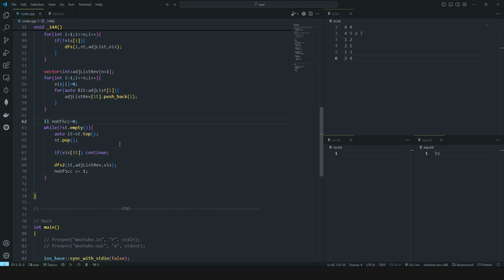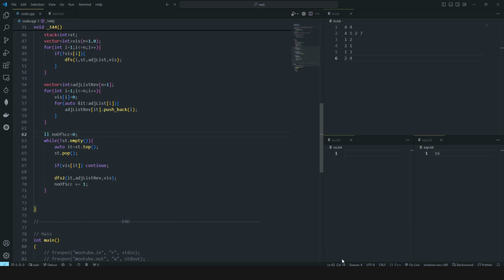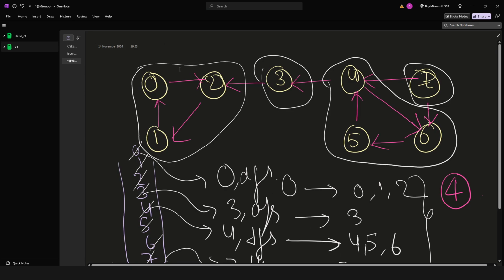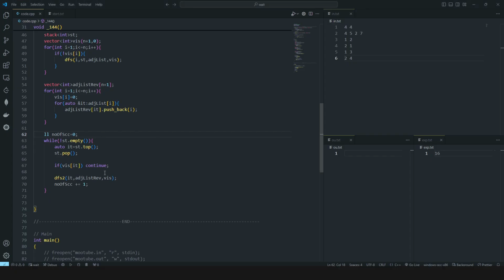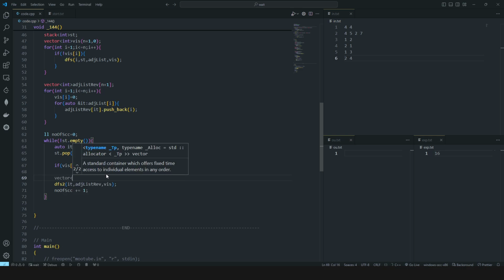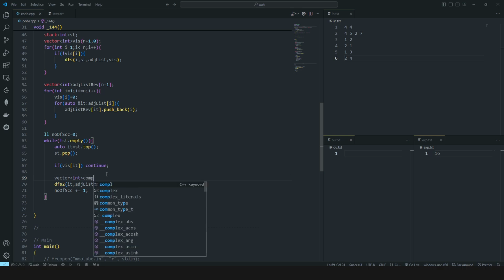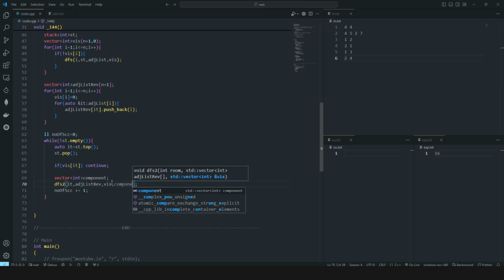And also, in order to store the nodes that are present in each SCC, like in this SCC 0, 1 and 2 are present, in this SCC 4, 5 and 6 are present, what we'll be doing is storing this in a vector. Let's name it component because it represents a component, right? And I will also be passing this component here.